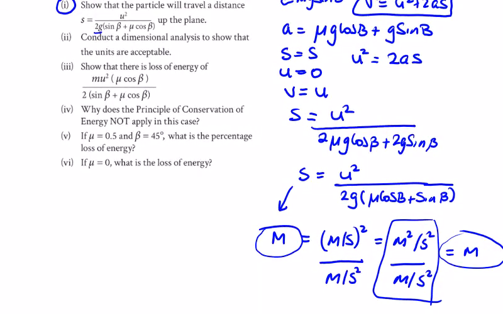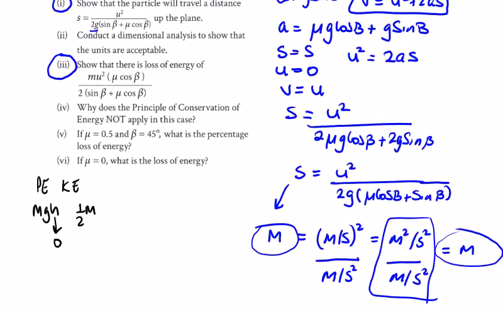Show that there is a loss of energy. Okay, part 3: show the loss of energy is what they give there, u squared times mu cos beta over twice sine beta plus mu cos beta. For the loss of energy, it starts off with potential energy and kinetic energy. mgh, h is 0 initially, and a half m by the speed, which was u, so u squared. So this is my initial.